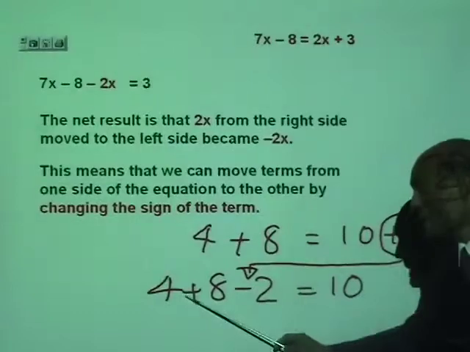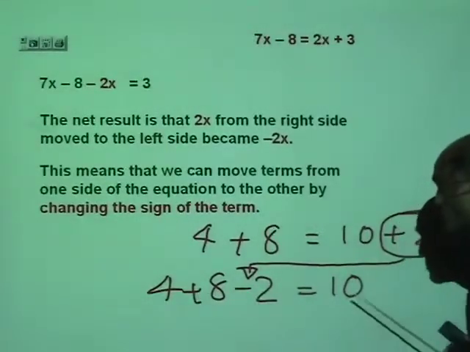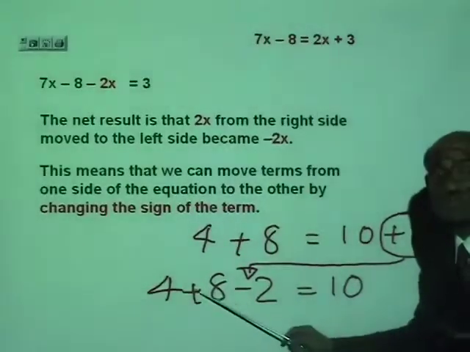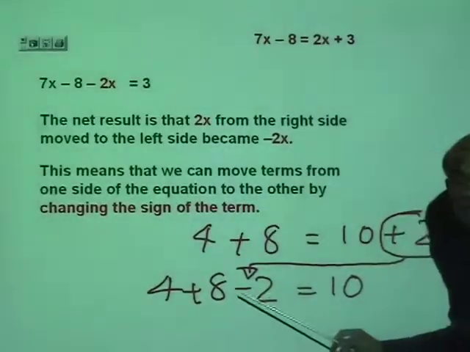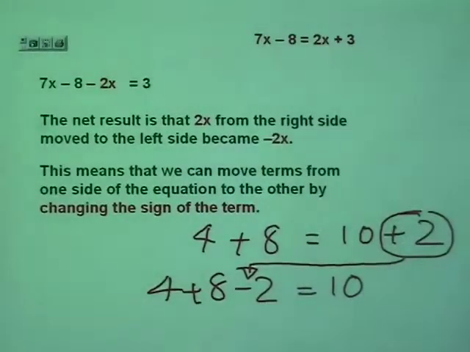Now, let's move this plus 8 from the left to the right. What will it become? Positive 8, if you want to move it from the left to the right, it will become negative 8. So, I'm going to write 4 minus 2 equal to 10 minus 8.